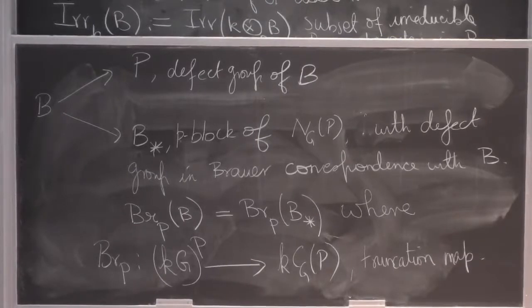You get data at every layer, and you can package that together in a quite formal way as a fusion system. I'm not going to talk about those. The whole data of the fusion system is the entire local structure of B. But I won't develop that theme further because I really want to give a flavor of different things going on in the subject. So I'll just use this top layer for today.